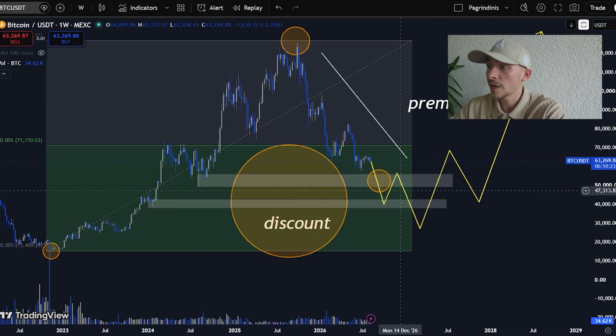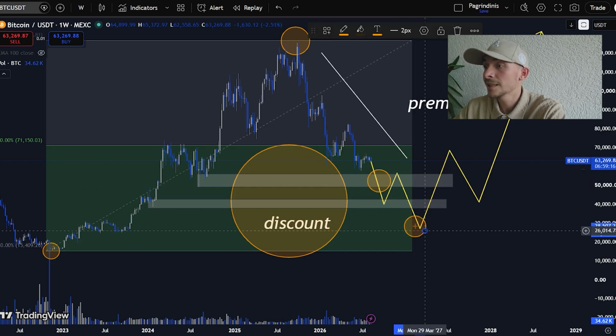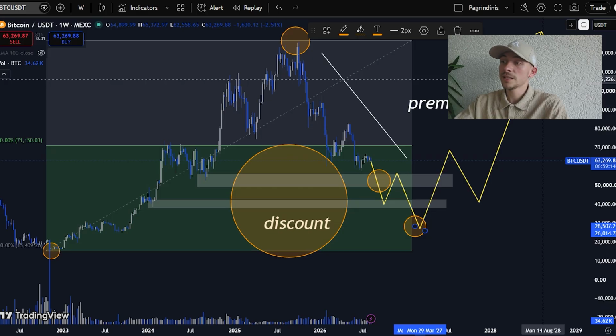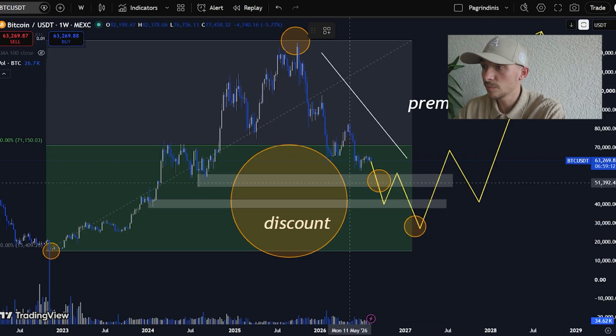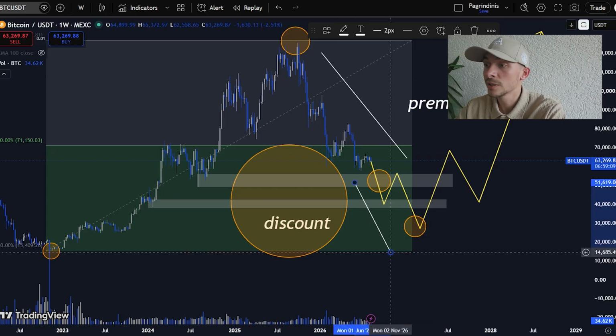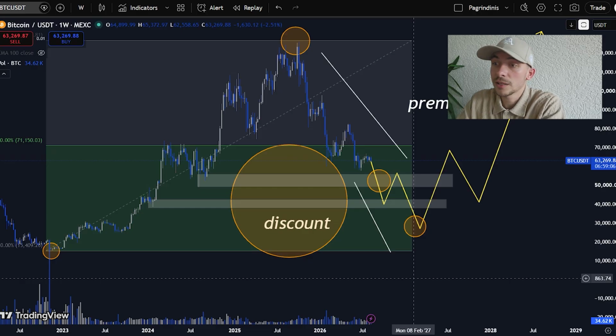So the market can go down, as I drew, go up a little bit, take out the liquidity here and start climbing up. But if the market goes below our discount zone, there is nothing to talk about and crypto is gonna be dead, that's for sure.